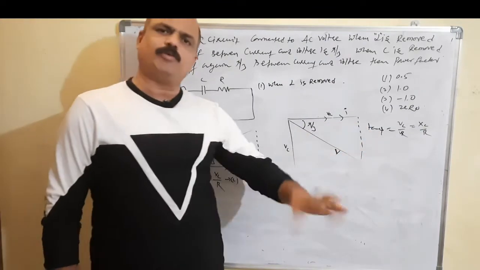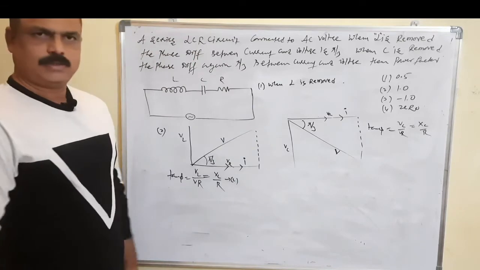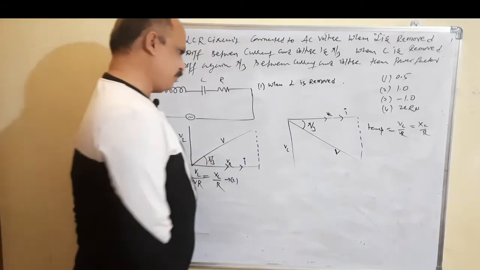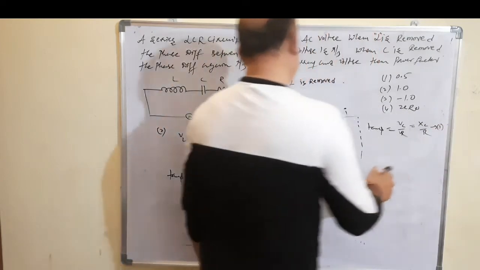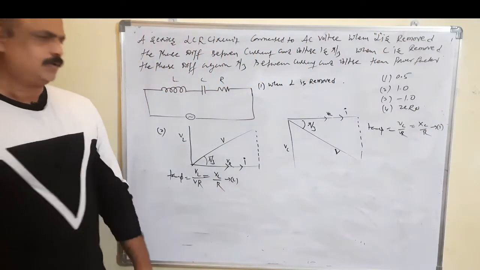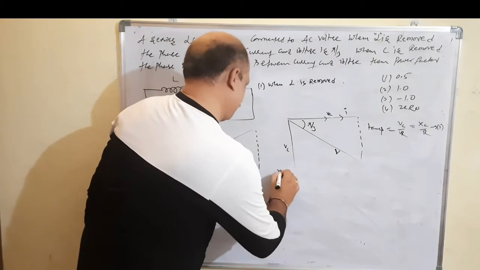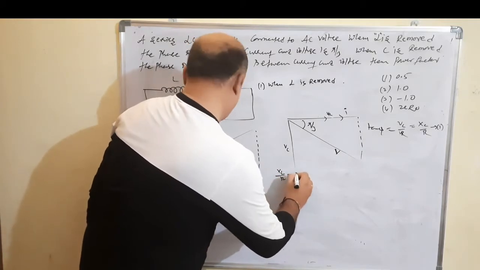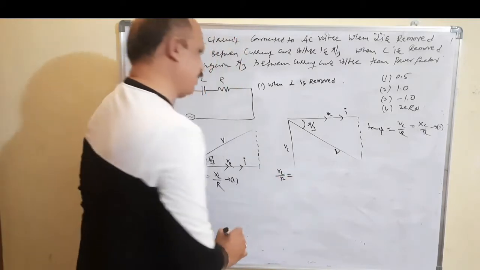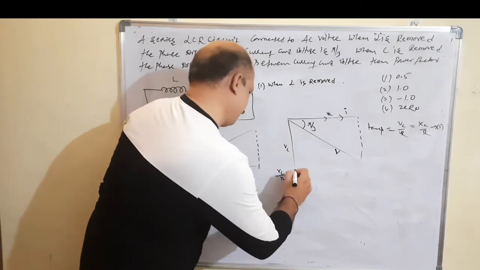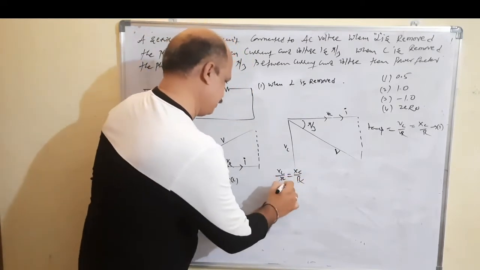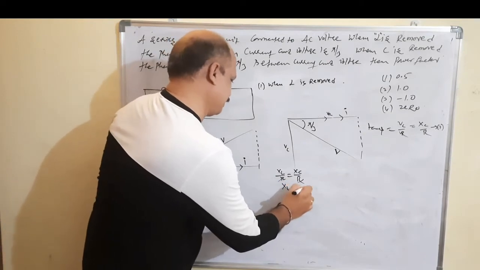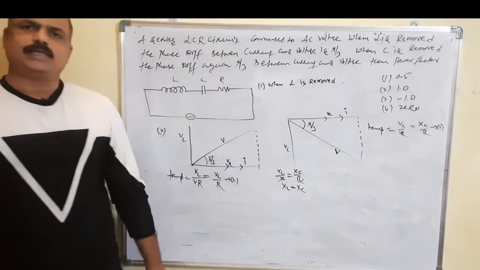Here phi is equal in both cases. So for the first and second equations, XL by R is equal to XC by R. R and R cancel, so XL is equal to XC.